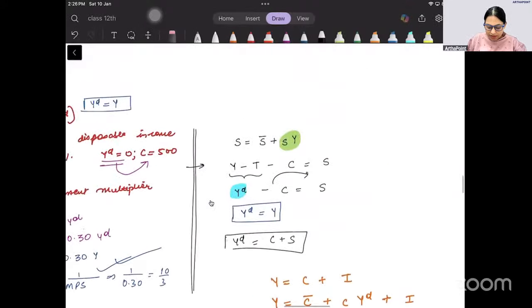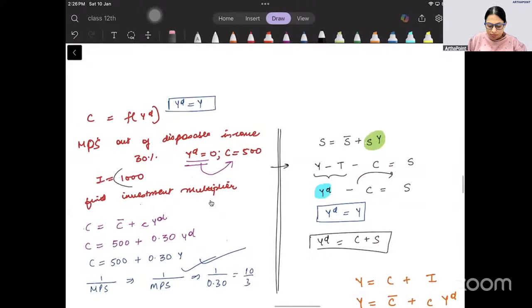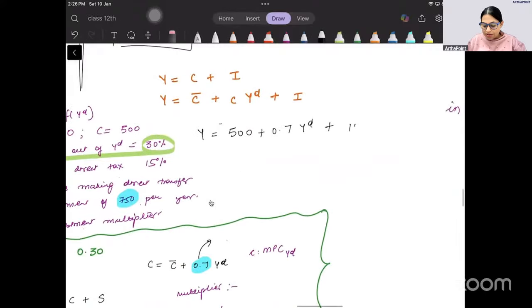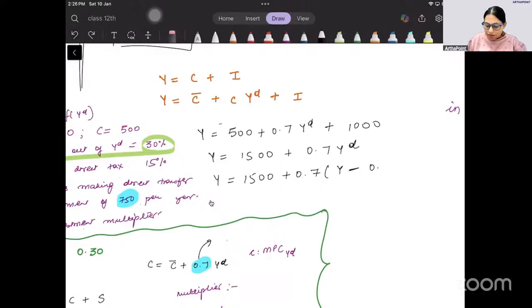What was the investment that I had given you? 1000. Take investment from the old question, it's a continuation. Plus 1000. Y is equal to 1500 plus 0.7 YD. Disposable income is income minus 15% taxes, plus the transfer payment from the government, which is 750.